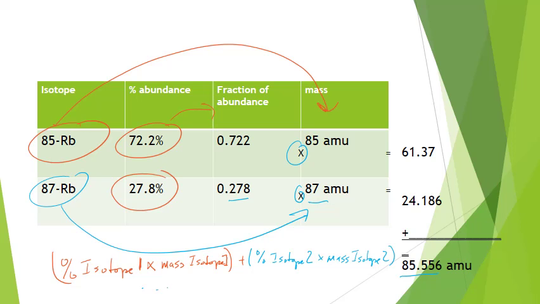In this case, we only have two isotopes. We're done. But if we had more than one isotope, like we'll see in another example in a minute, we would just keep going, and then you add it together. That equals the average atomic mass. So I hope you're seeing it's really just percent times mass plus percent times mass. That's all it is.